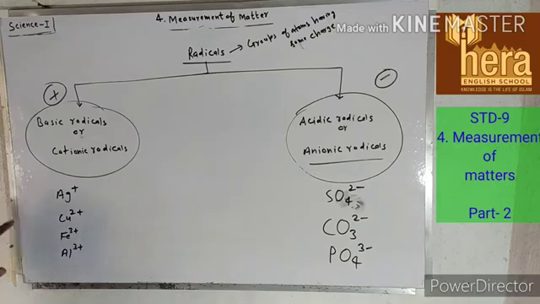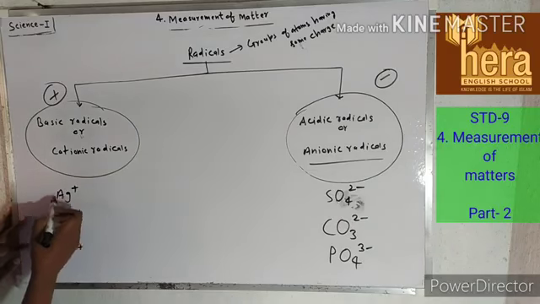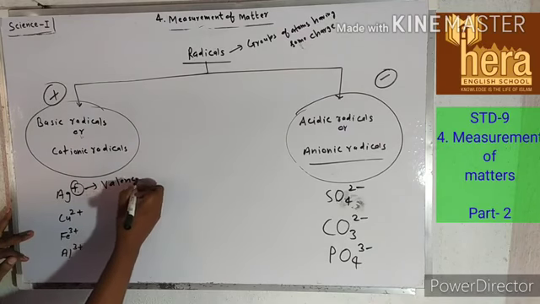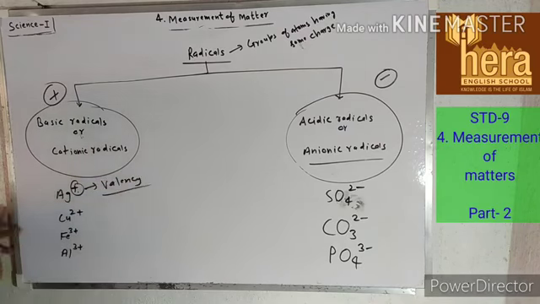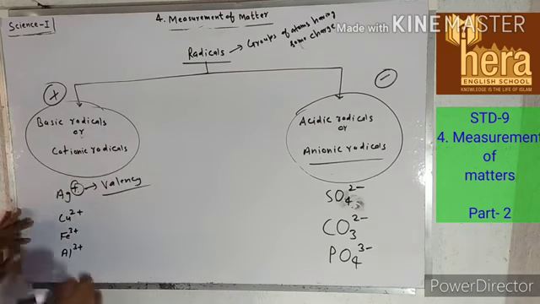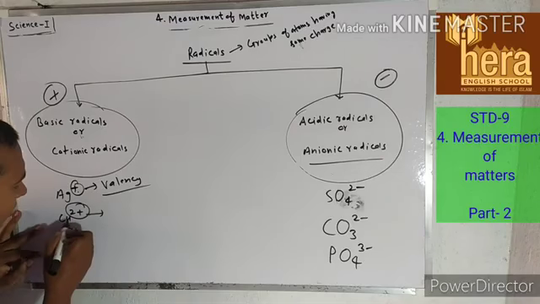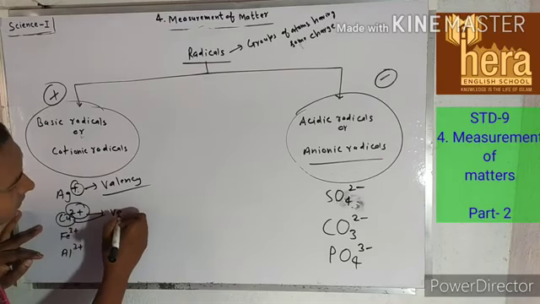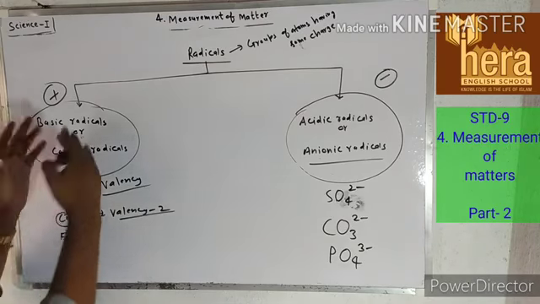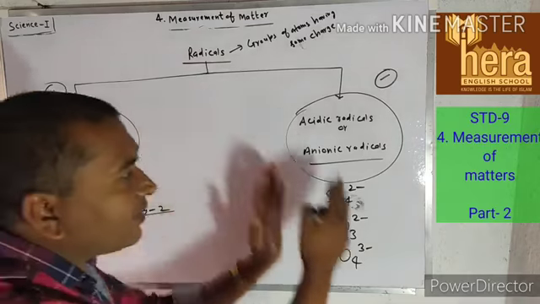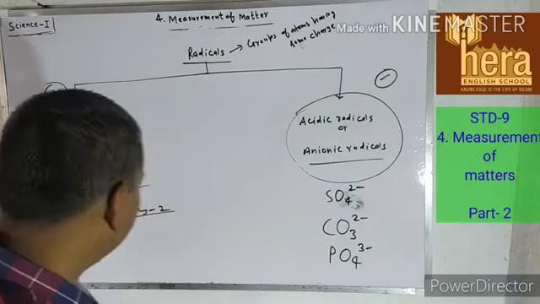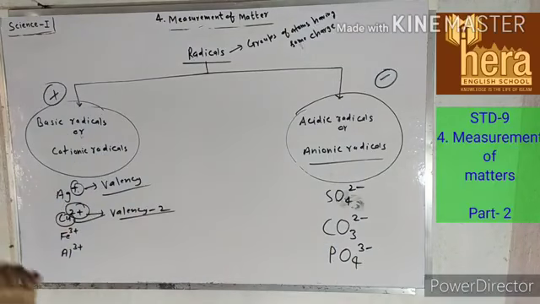Okay, so one more thing I want to tell you, Ag plus, it means this plus represents valency. So Ag plus means silver has only valency 1. Cu 2 plus means copper has valency 2. So with the help of acid radical or basic radicals, we can find valency of that radical or of that atom.